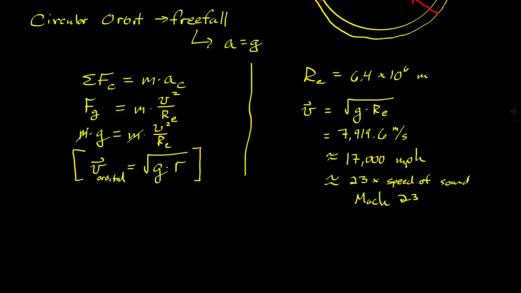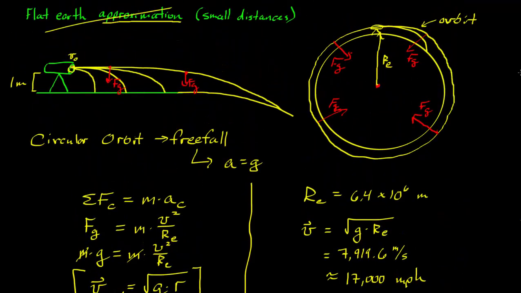But what if it's not at the surface? What if we put it up in orbit, like the ISS? So what if the ISS is up here? How fast is that thing moving?